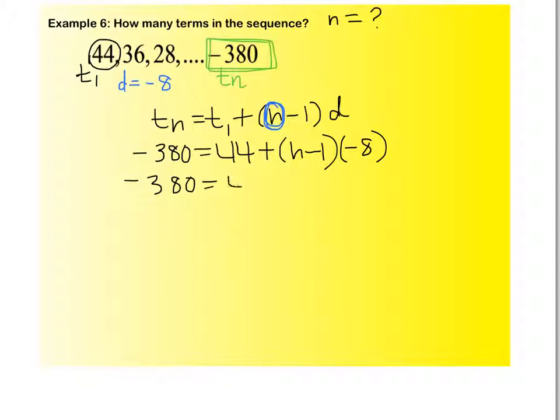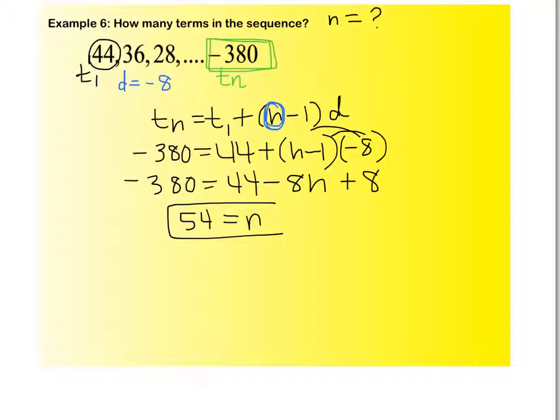So we're going to get 44, if I distribute, minus 8n plus 8, and then get n by itself, you'll get 54 with that basic algebra. So what this is saying is negative 380 is the 54th term in the sequence.